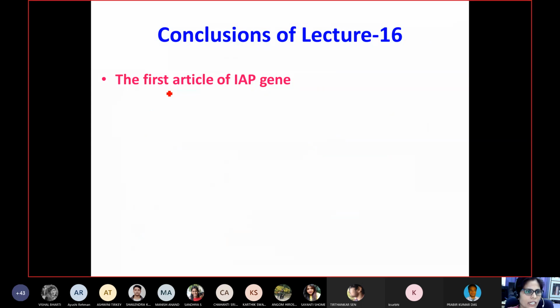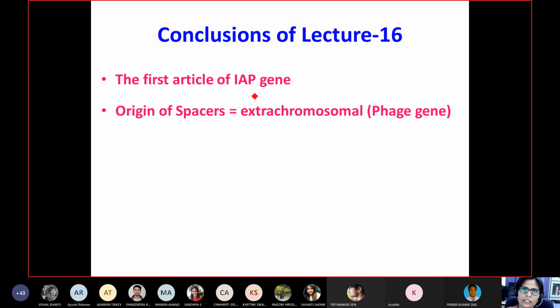So with these 10 to 15 slides, I'm able to convey how the field started from the first article where they were studying the alkaline phosphatase gene, then the origin of the spacer they were able to find with the help of bioinformatic assays, and they found that this is an extrachromosomal part coming from the invader.